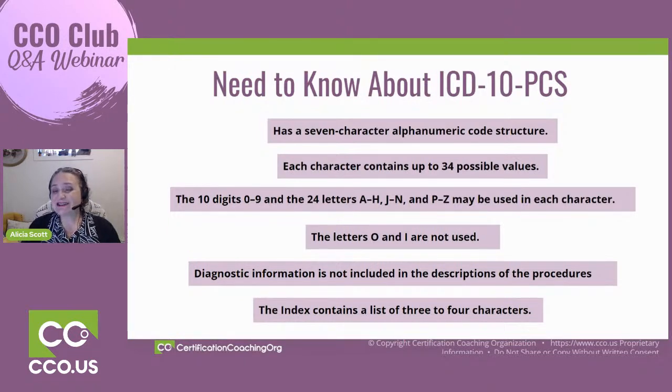Well, this is a code set that's alphanumeric also. However, the first character isn't always from the alphabet. It could be a number, but we'll talk about that in a few slides. So think of it though as 7 characters, possibly, to build out your code. You'll always use 7 characters regardless, unlike ICD-10-CM, where you may not.